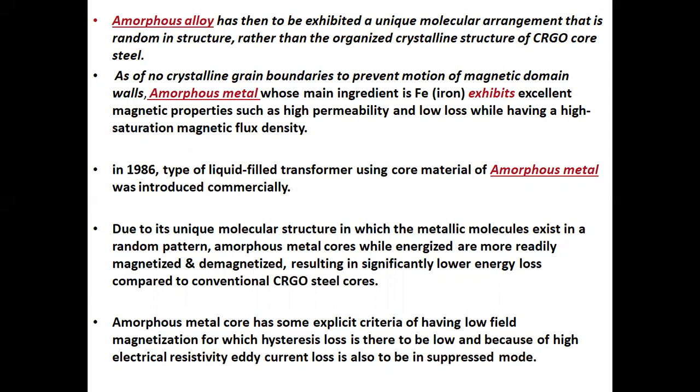Due to its unique molecular structure in which the metallic molecules exist in a random pattern, amorphous metal cores, while energized, are more readily magnetized and demagnetized, resulting in significantly lower energy loss compared to conventional CRGO steel cores.